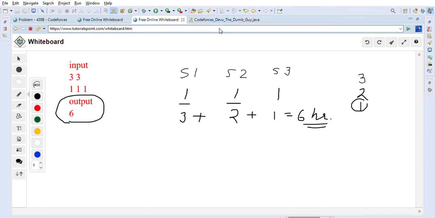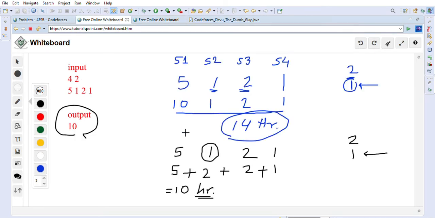So this is the logic to solve the Devu the dumb guy problem on Codeforces. Let's just recap our approach. We will start with the subject with the least amount of chapters, right? For example, in this case 5, 1, 2, 1, this is the least amount, so we will apply it.